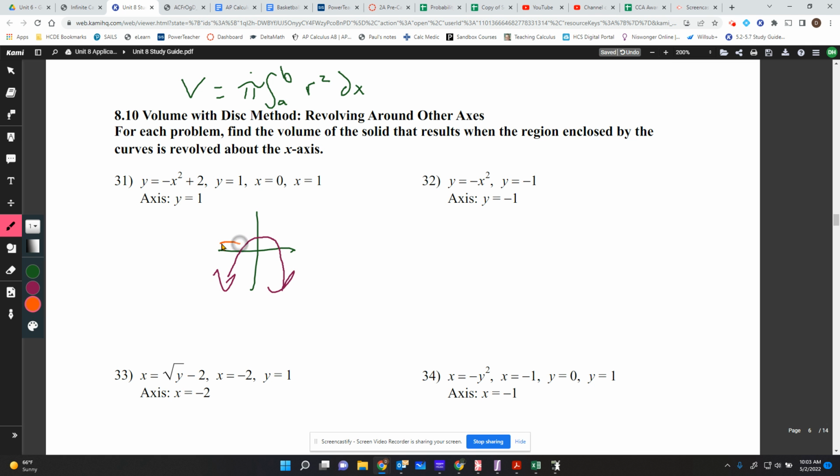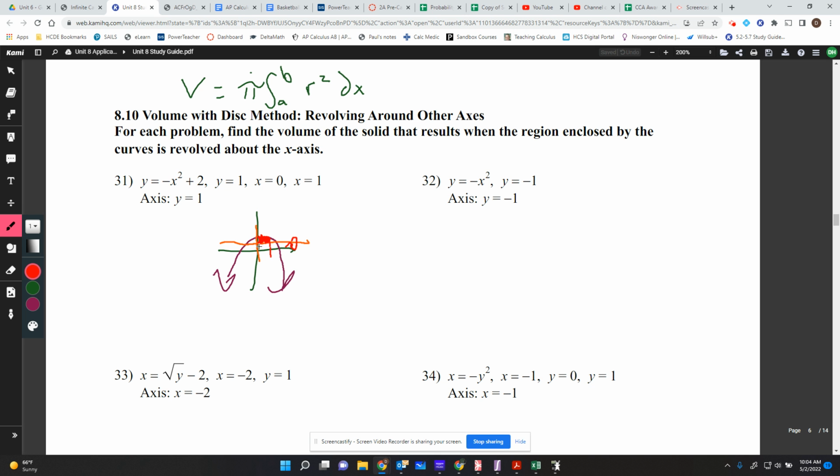So we've got this, and it wants us to revolve that from 0 to 1, and I'm just making this up, but we're basically figuring out if we revolve this around this way. So we're revolving around that line y equals 1. So you've got this little bit.